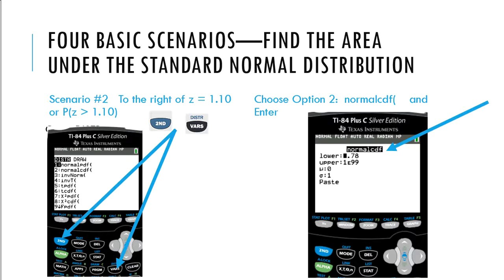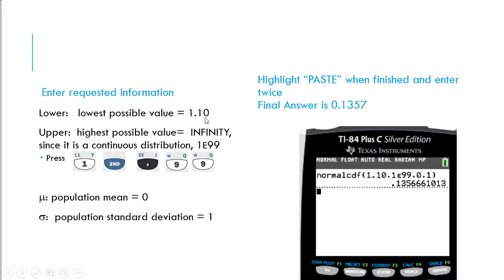So let's do another one. Let's do to the right. So to do to the right, what you're going to do again is second DISTR, normal CDF. And now the lowest value is 1.10 because when you're going to the right, you want that to be your lowest value, where you're starting from. And then the next is infinity.